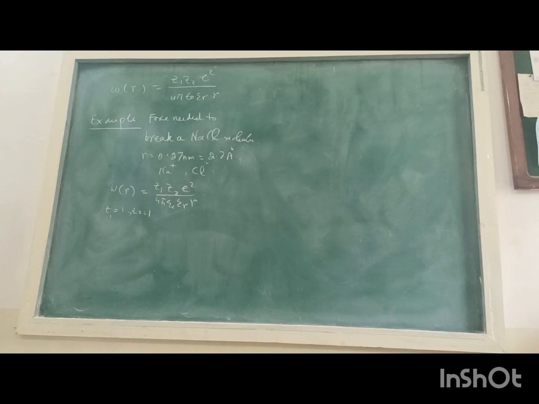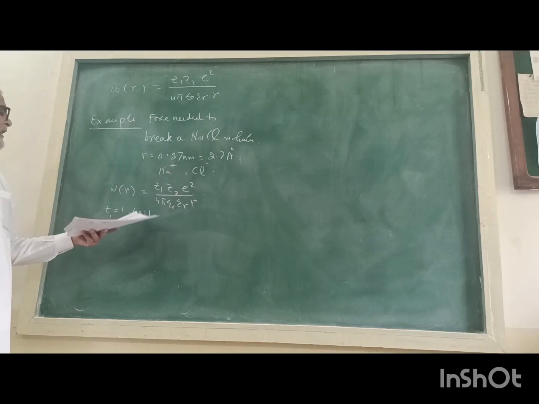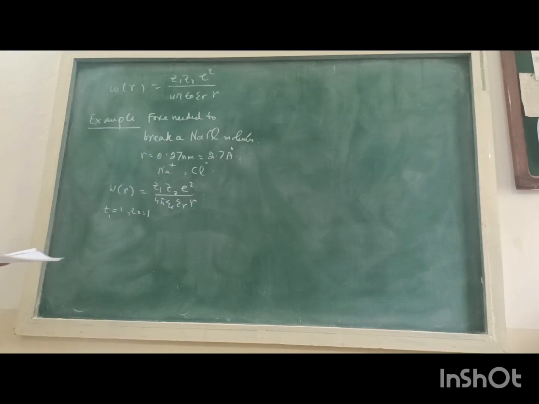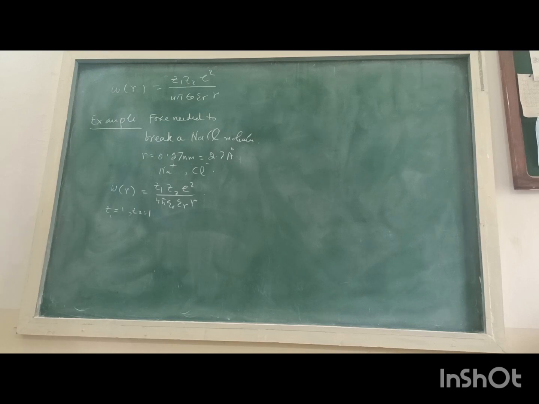The number of charges here is 1, because there is only a single electron transfer. So this is equivalent to 1 proton and this is equivalent to 1 electron. So we take Z1 and Z2 both equal to 1.